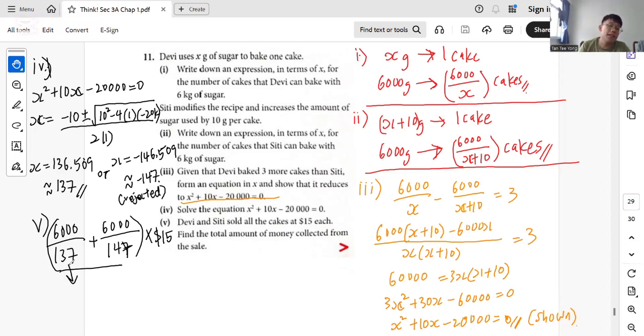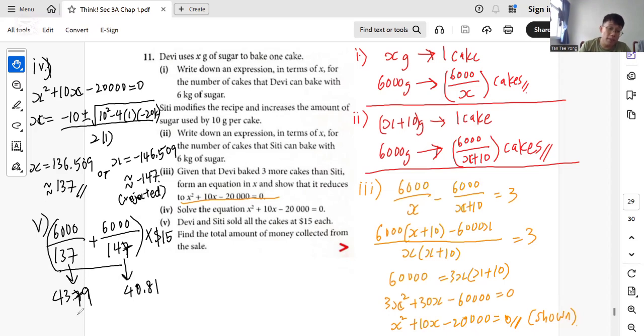Because this one, right, it will be something like 43.79. Okay, then this value here is going to be 40.81.